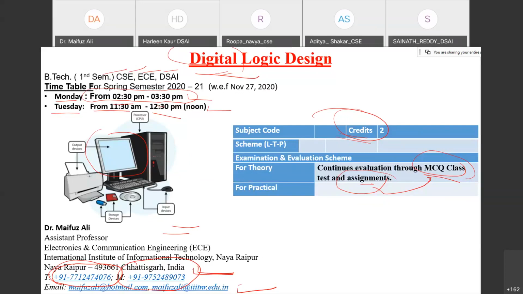Generally, after 3 or 4 classes, we'll give one objective type or MCQ type question set, and you have to submit in proper time online. We will do everything online for this MCQ type or objective type test. We are not giving any subjective type question right now.